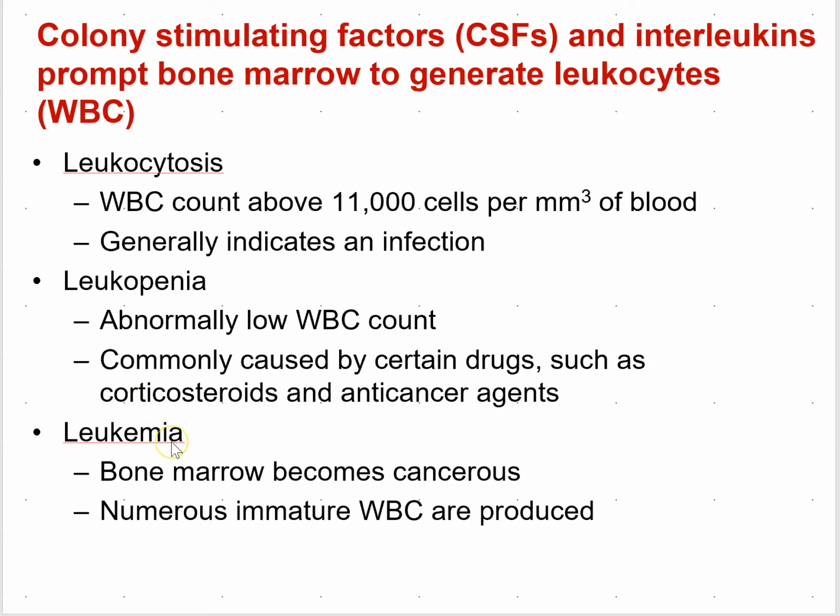Then another condition that you probably have heard of is leukemia, which is a cancer that involves overproduction of leukocytes. And this usually involves specific leukocytes either in the myeloid line or the lymphoid line.